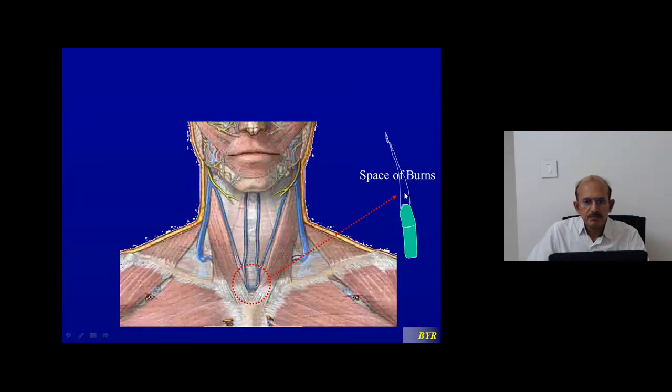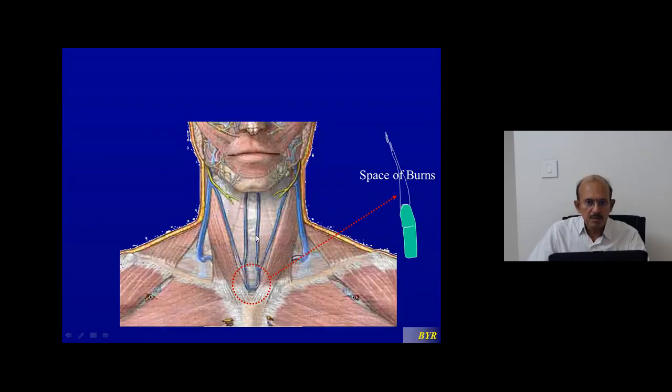Tell me this. The space of Burns also is an important short notes question in the examination. No, it is not the subclavian vein, it is not the pretracheal lymph nodes. What is the vein? You are seeing one vein here.